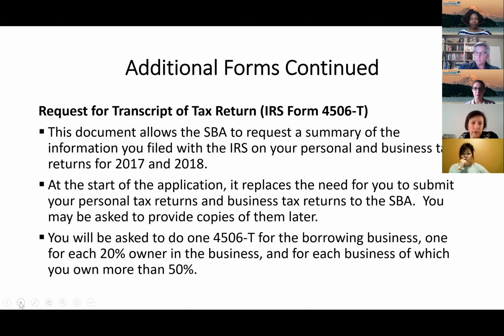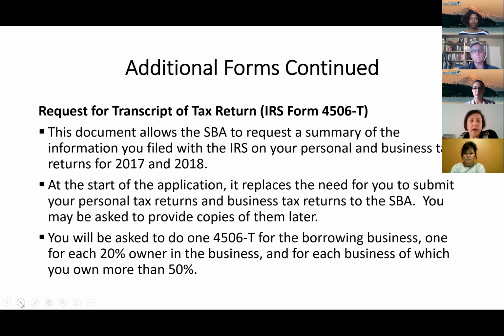personal returns. At the start of the application process for this disaster loan, it replaces the need initially for you to submit personal and business tax returns to the SBA. You may be asked to provide copies of them later, but the SBA disaster loan officer will indicate that in the email correspondence that they have with you.